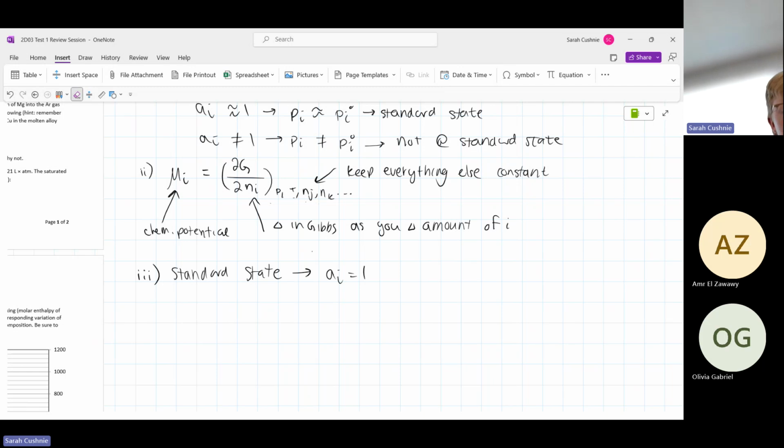So, for example, if we have a liquid or a solid, that would be pure liquid or pure solid. So in that case, Xi would be equal to 1. Yeah, I think that's what's most important here. So that's just kind of a given, like when we say standard state, what does that mean?